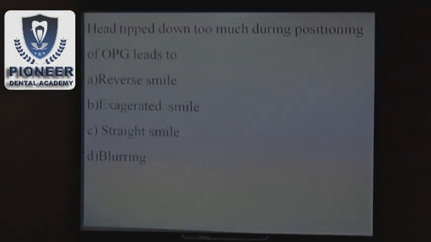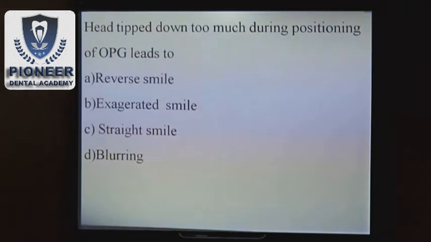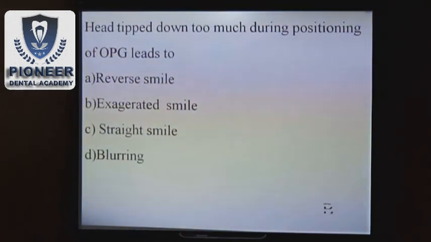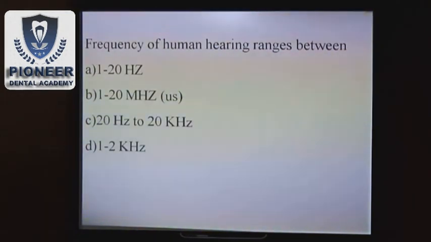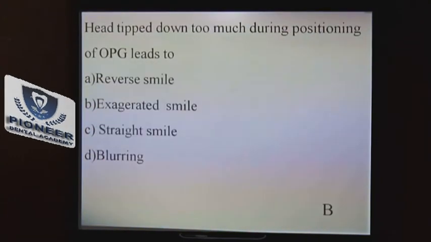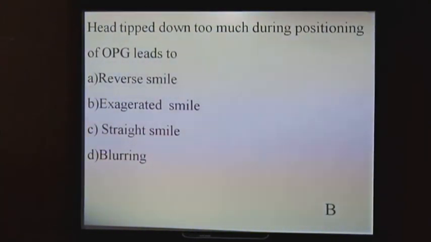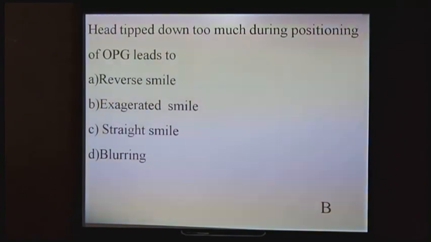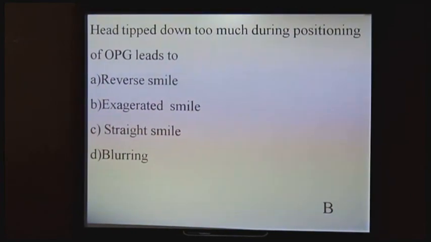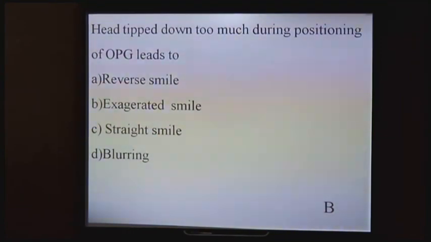During positioning of OPG, reverse smile. Okay? The head tip down during positioning, yes, exaggerated smile. Head tip up, then you have a reverse smile. You can see for yourself actually.